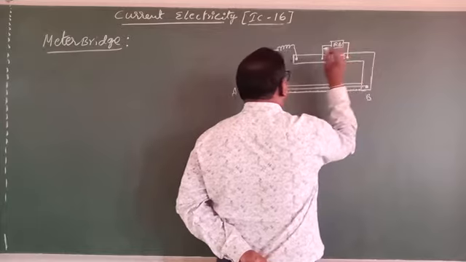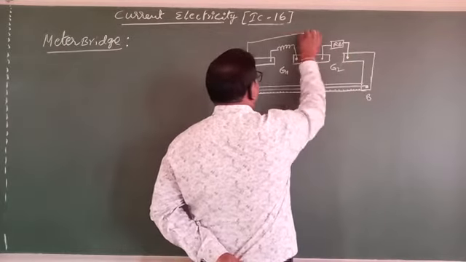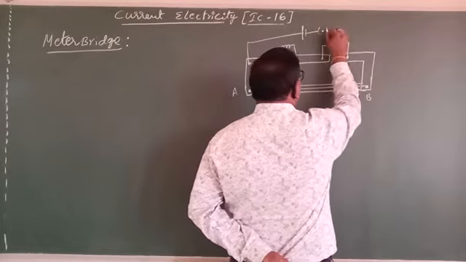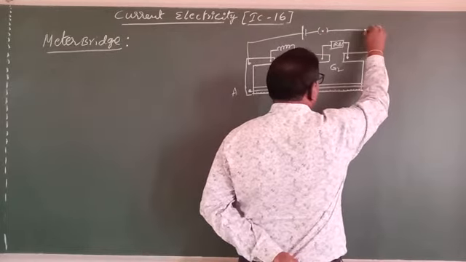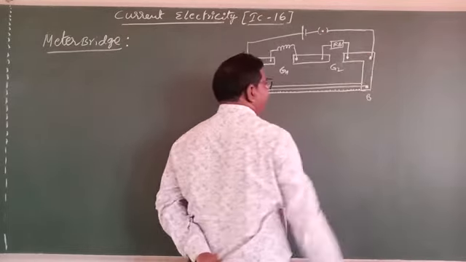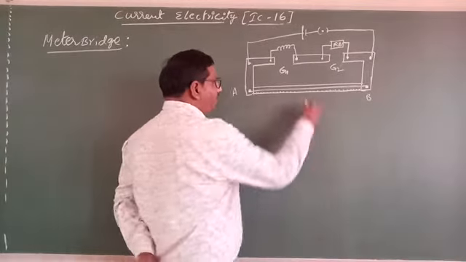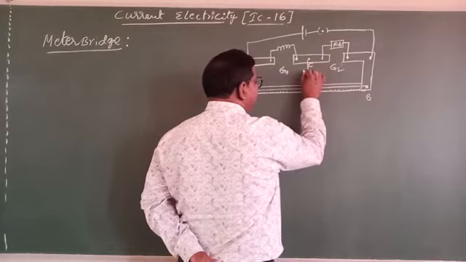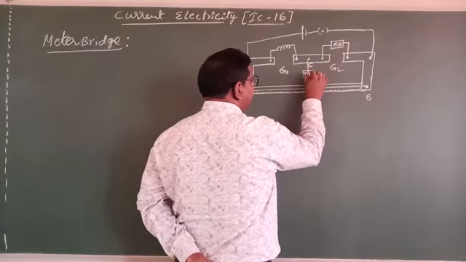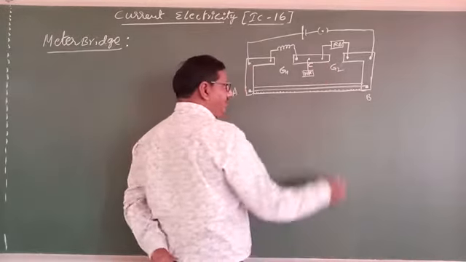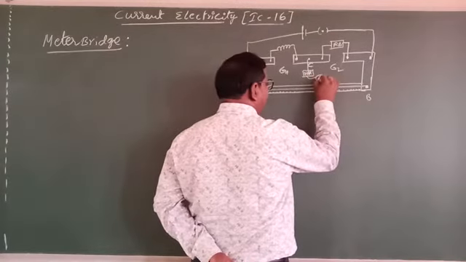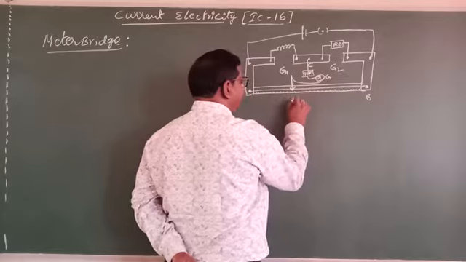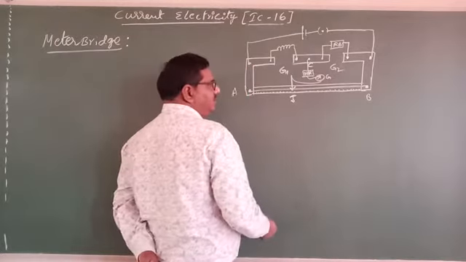Between A and B we have 1 cell and 1 key. At the midpoint C we have a high resistance box to protect the sensitivity of the galvanometer, and 1 galvanometer, and we place 1 jockey J.